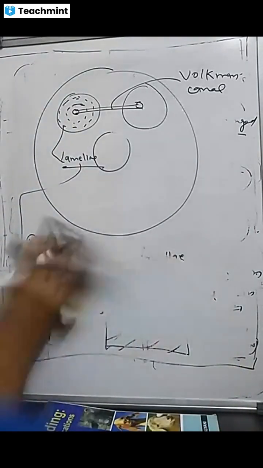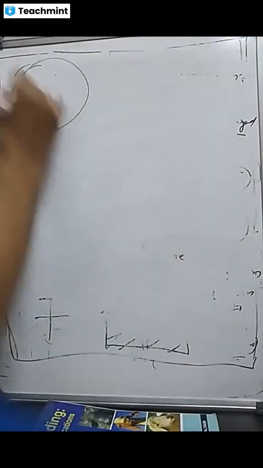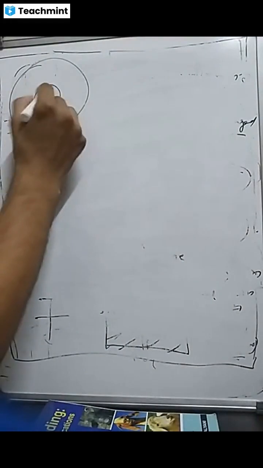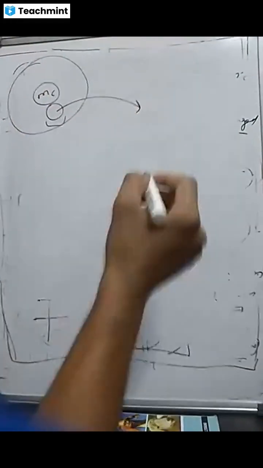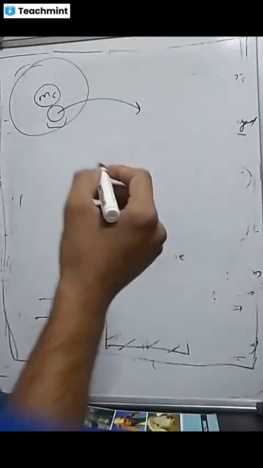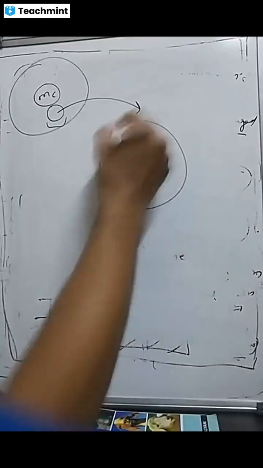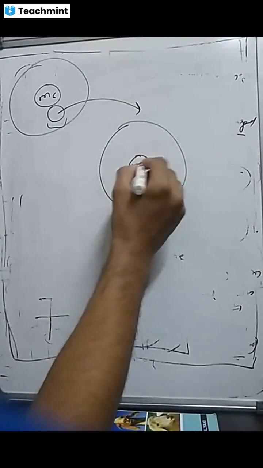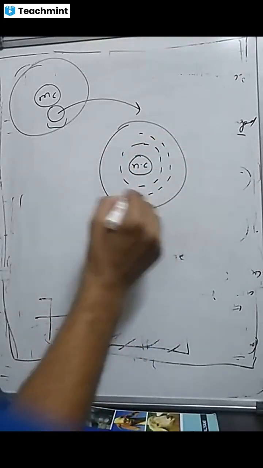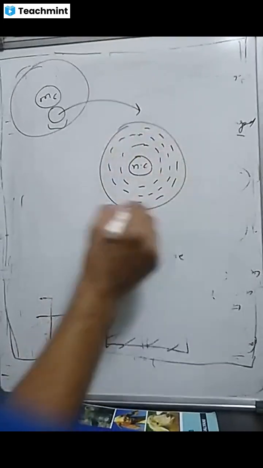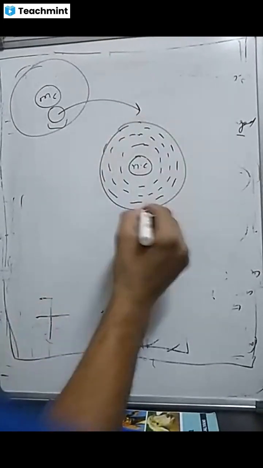Inside one osteon or Haversian system, this is the cross section, marrow cavity, and this is one osteon. If I bring this out, then this is the Haversian canal, and these are the lamellae.